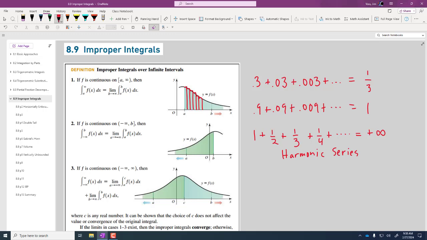And so it's necessary that these terms approach 0 if you're going to get a finite answer when you add an infinite number of numbers together. In order to get a finite result, these have to be going to 0. But just because they're going to 0, that's not enough.